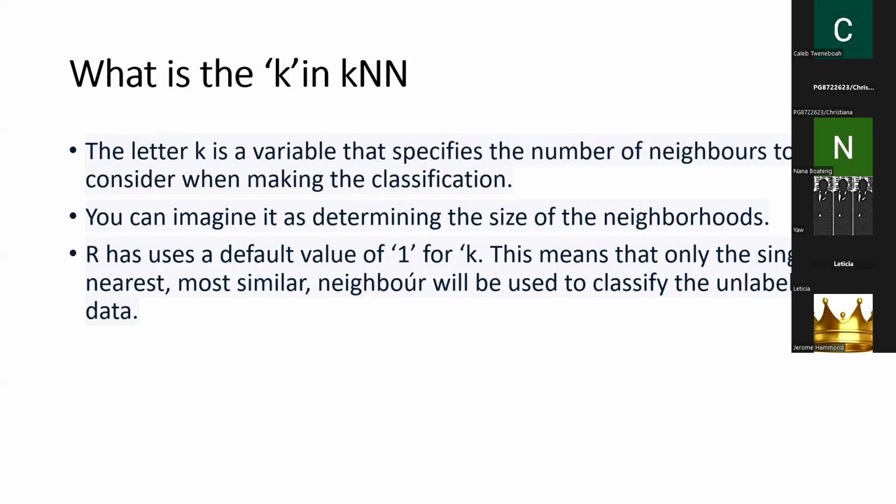By default, R uses 1 for K, that is, it uses 1 neighbor. You will see whether having a small number of neighbors is good or bad. Here, where K is set as 1, it means that only one single neighbor is available, and that will be used to classify the unlabeled data.